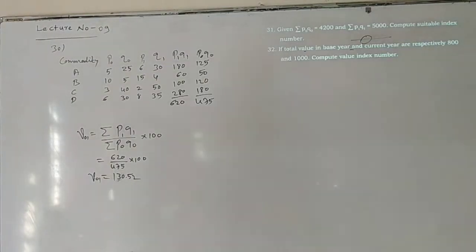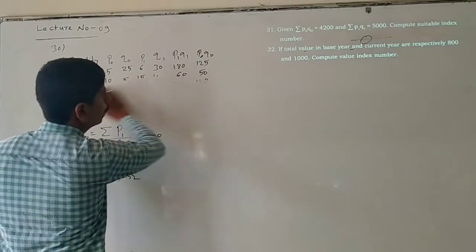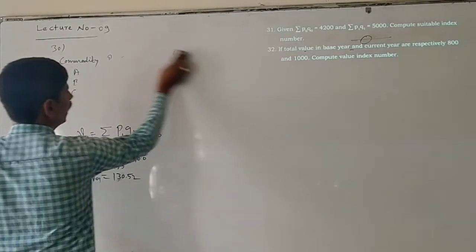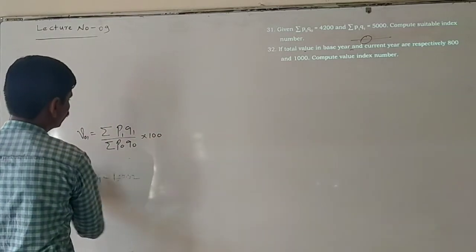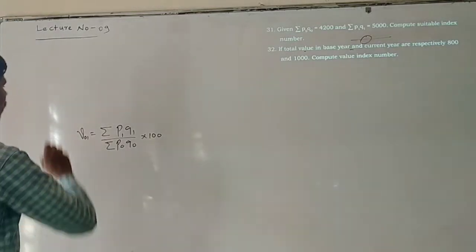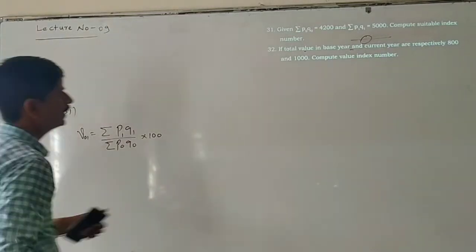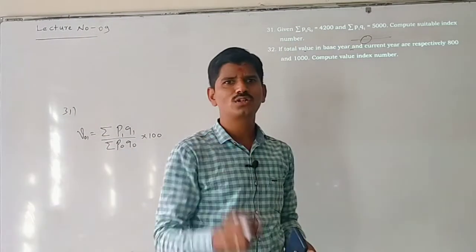The next, 31. Given sum of P0 Q0 is 4200 and sum of P1 Q1 is 5000. Compute the suitable index number. Since they are given sum of P0 Q0 and sum of P1 Q1, the problem is based on the value index number.